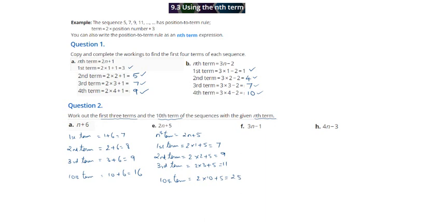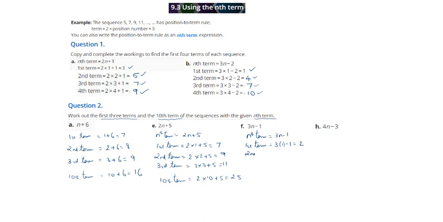Now moving on to the next sum. The nth term is 3n minus 1. The first term is 3 into 1 minus 1 is equal to 2.